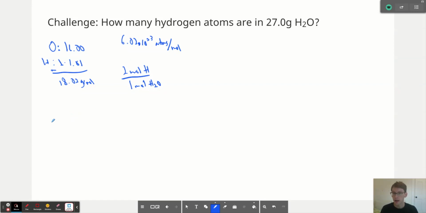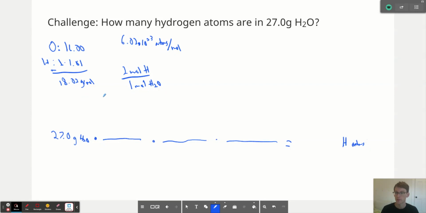So with all these conversion factors figured out, I start with my initial measurement, 27.0 grams of H2O, and I know that I'm going to need 3 conversion factors. These 3 conversion factors will lead me to my final answer of H atoms.